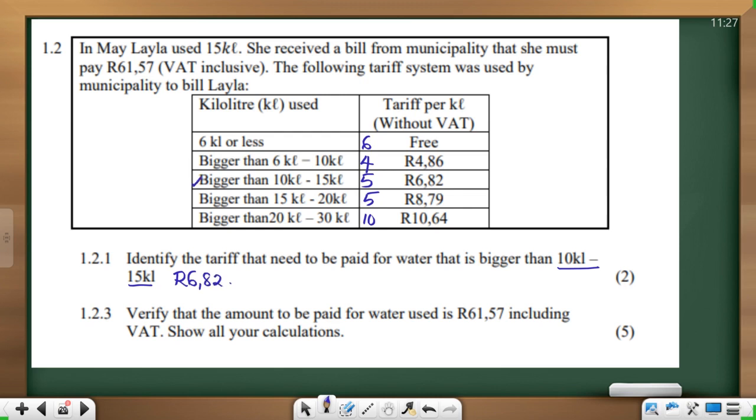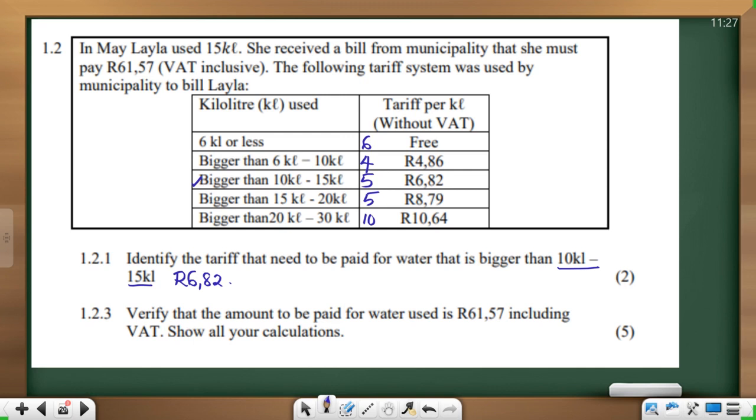You see? Bigger than. That's the statement we are using. Now, verify the amount to be paid for water used. Verify that the amount paid for the water used is 61 rand 57. All we are doing is recalculating our own. Remember, we have 15 kiloliters. Beautiful question.